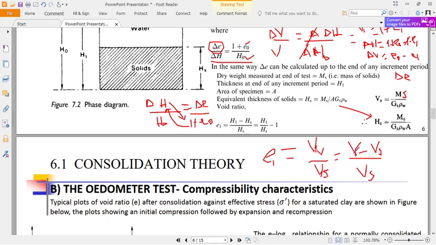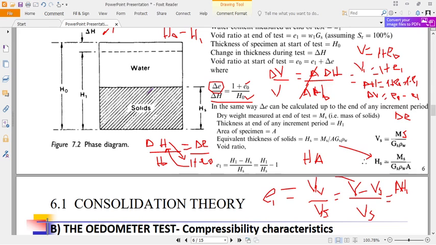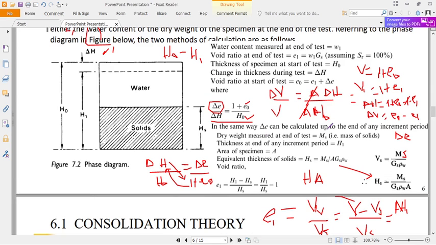So we remain with height H1 minus the height of solids HS, because the cross-sectional area is the same and so A disappears. Therefore, which one will be equal to area times height H1? Because we are using this height H1.